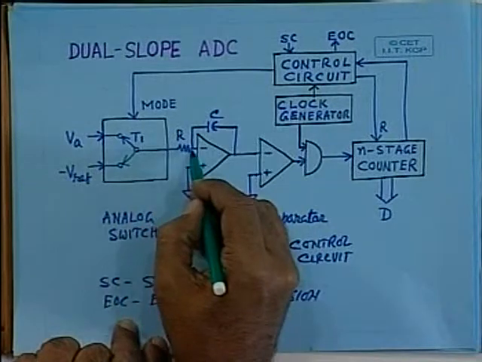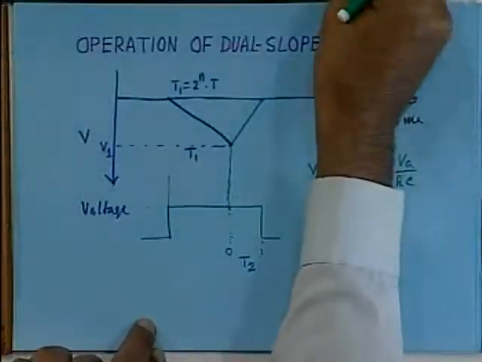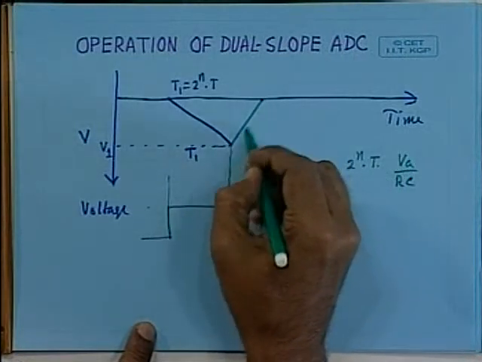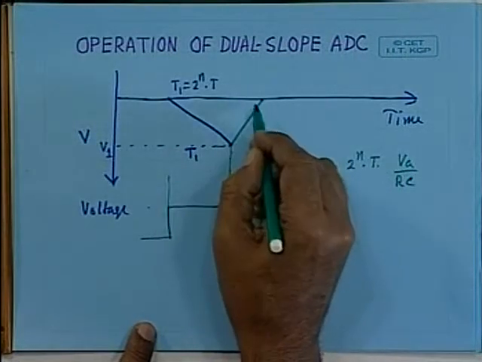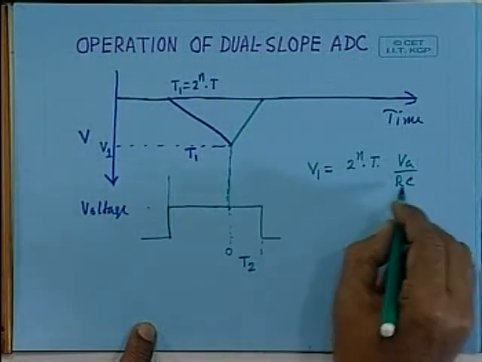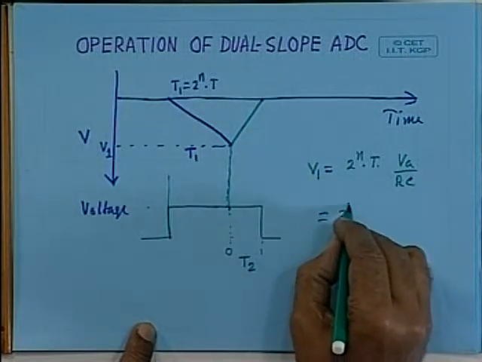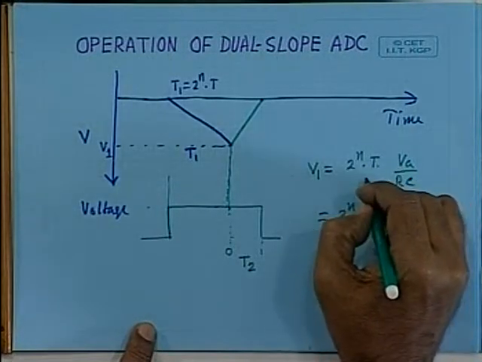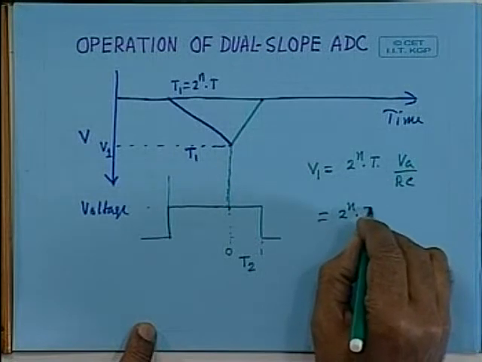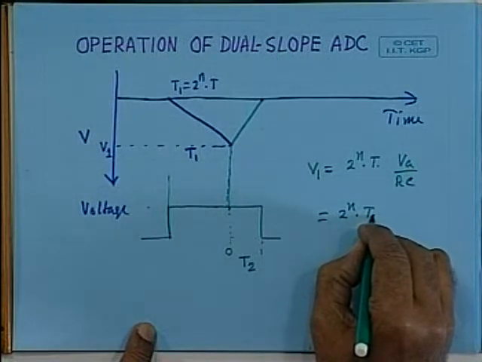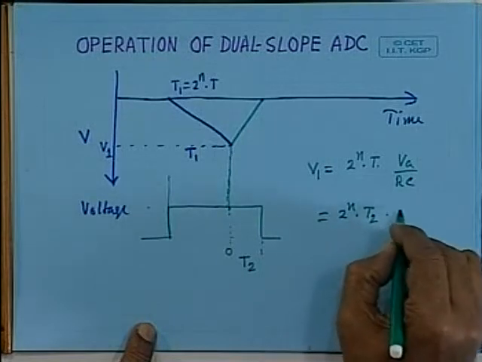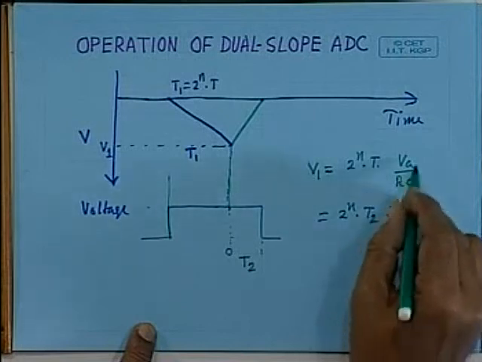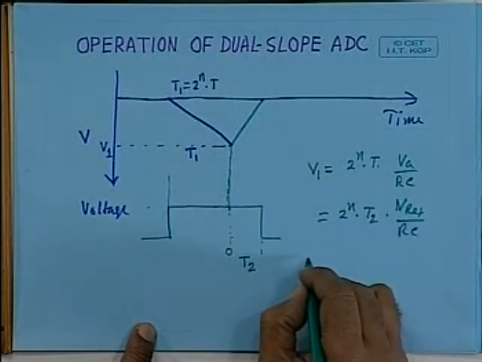VA by R is the current and this capacitor will be charged, so you will get this voltage. Now you can see this voltage is the same as this voltage, so this can be equated with 2 to the power n into T2, into Vref by RC.